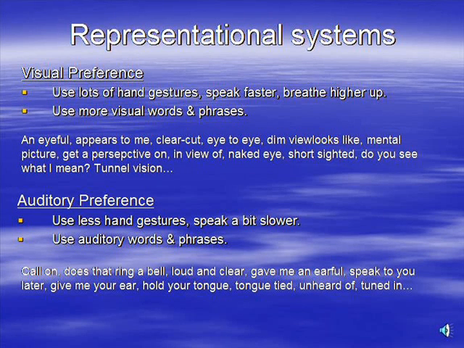So when I say preference, what I mean is, every single person has some capabilities of visualizing. Every single person has some capabilities of hearing sounds, of using their auditory representational system. And every person is aware that they experience feelings. Obviously, some people more than others. But you will have a preference.